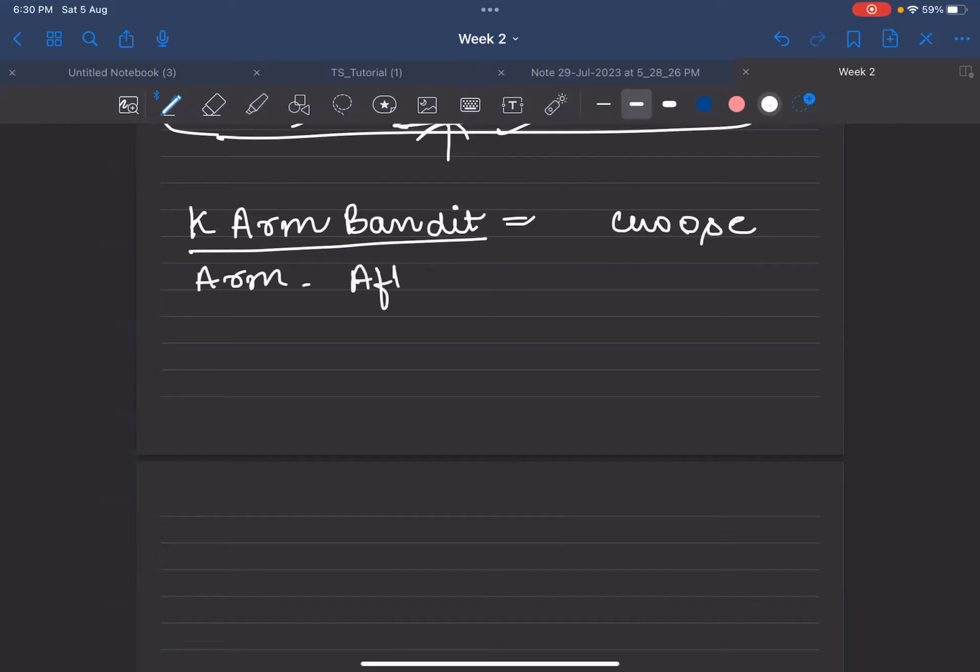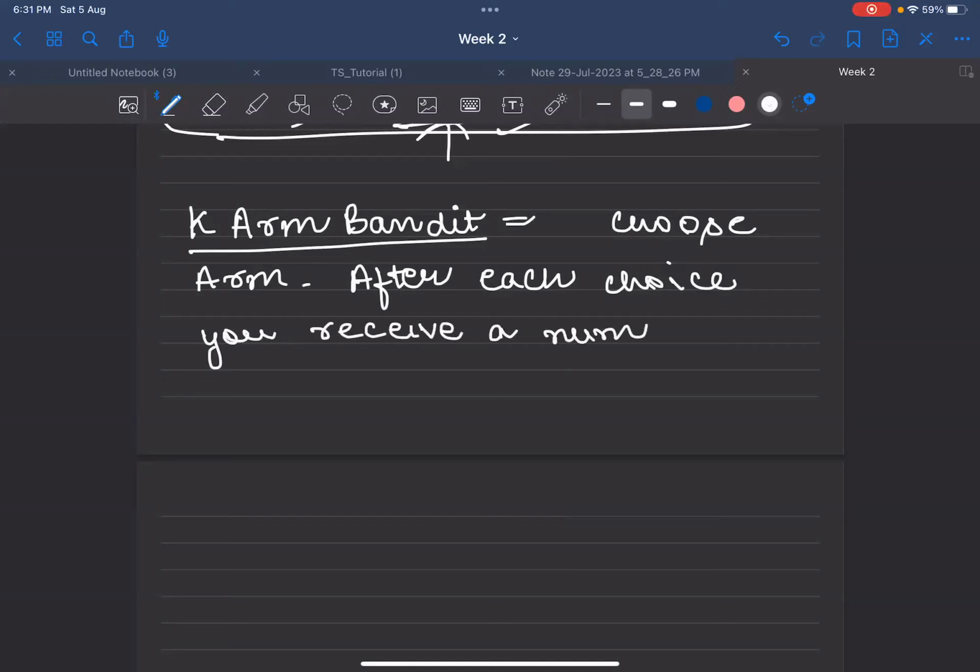After each choice, you receive a numerical reward that depends on basically your action.